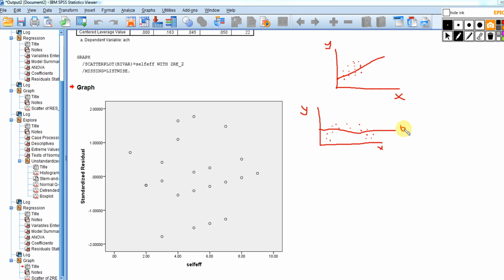So if this is x and this is y, then your data points or coordinates would fall around the regression line in this kind of way, meaning that as scores increase on x, there's no systematic tendency to increase or decrease scores on y.